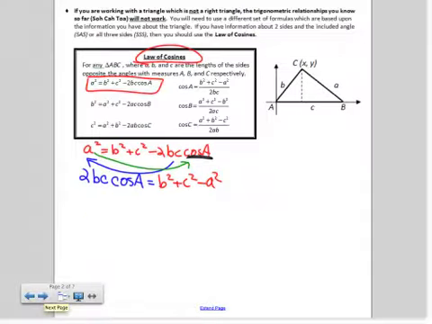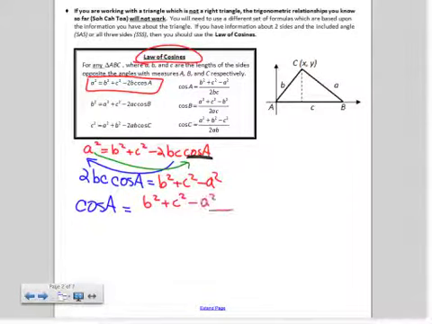To solve, we divide this side by 2bc. So I have b squared plus c squared minus a squared all over 2 times b times c.